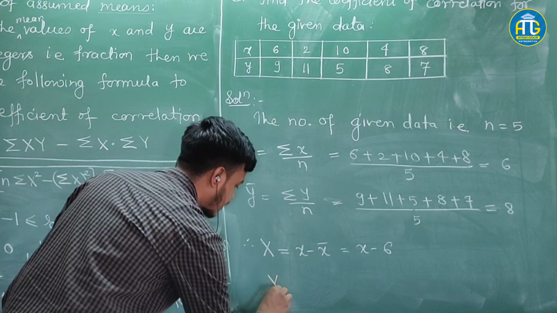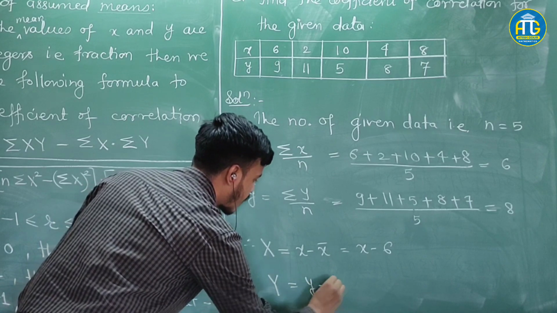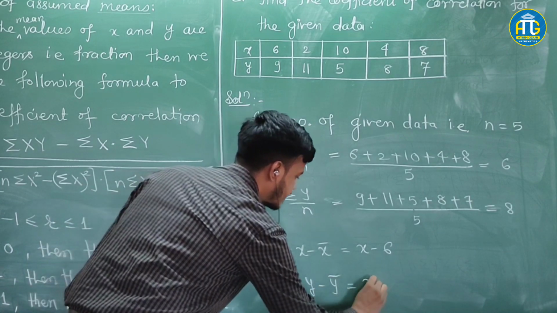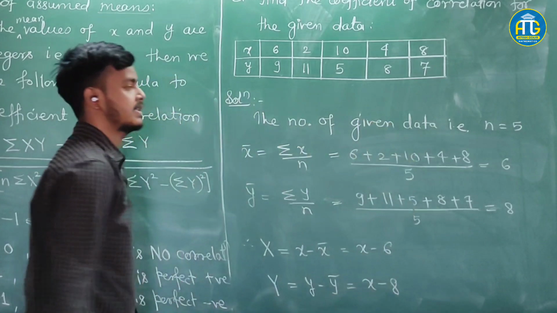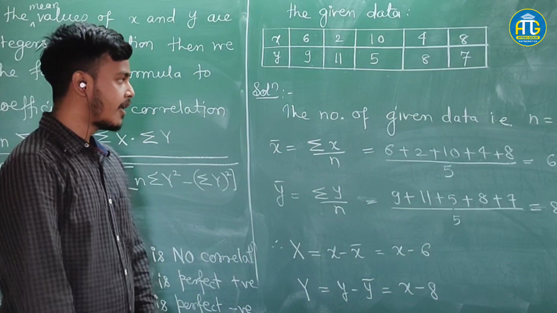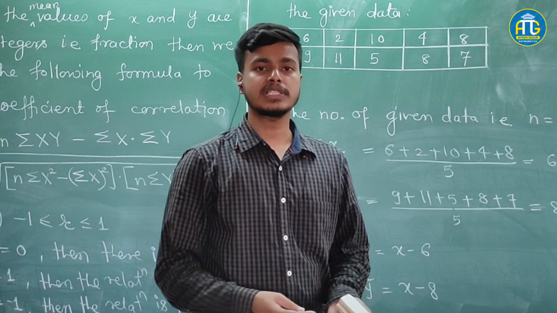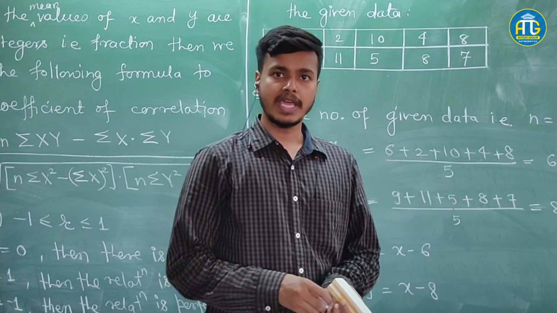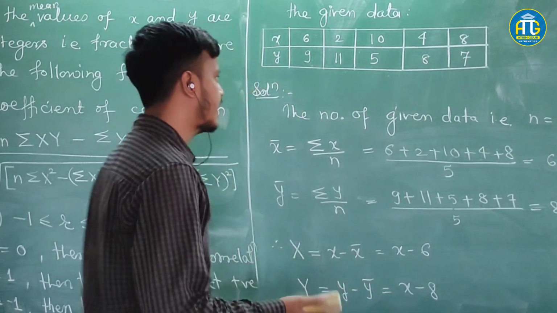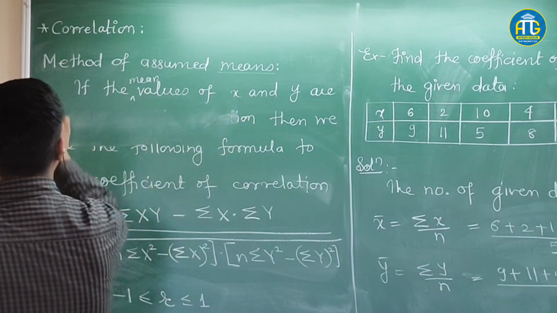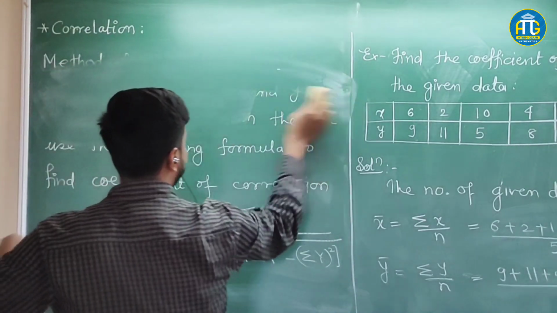And capital Y is y minus y bar, that is y minus 8. Now to find the coefficient of correlation, I need to find summation X square, summation Y square, and summation XY.